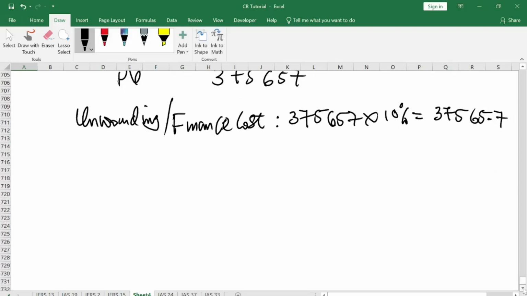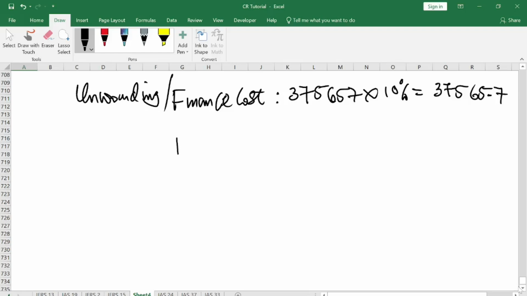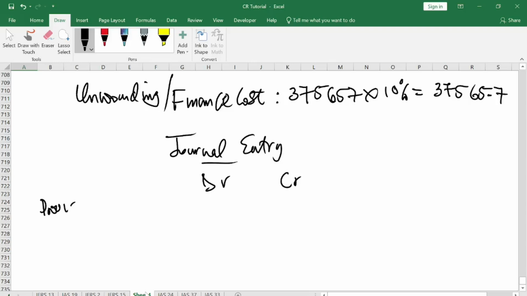So at the end of the day, you can do your journal entry with it. So let's start with your journal entry. You have your debit here. You have your amount discounted, which is the provision, which is how much?